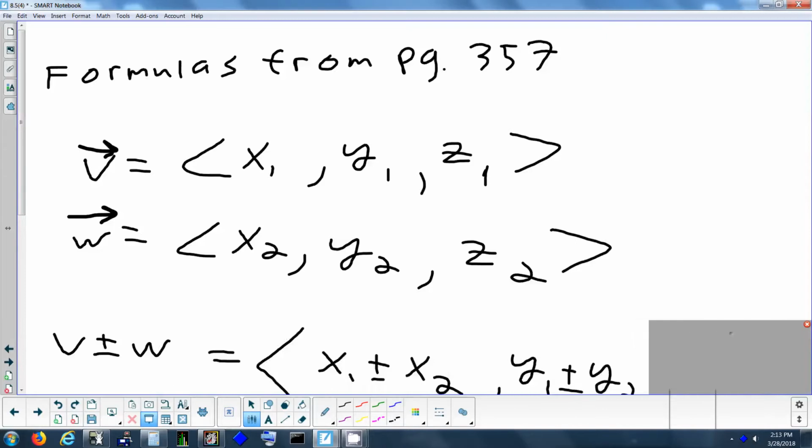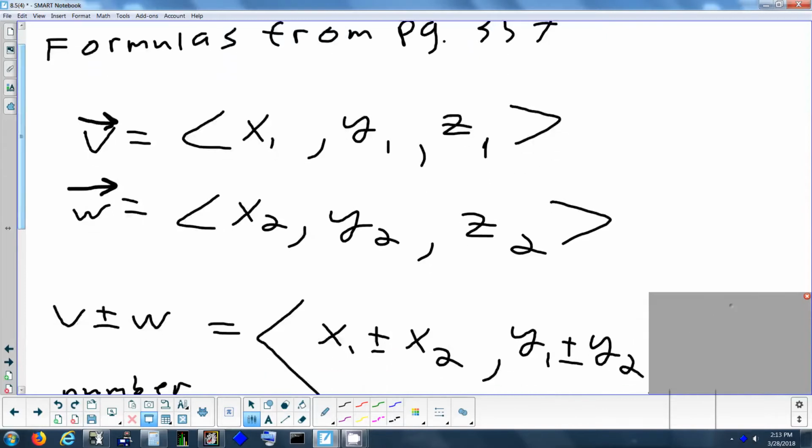If this was a 2D problem and we wanted to add these up, we'd add the x's, comma, add the y's, and you'd be done. Now in 3D, one extra step. Add the z's. Okay, and I kind of did addition and subtraction as the same formula. With subtraction, subtract the x's, subtract the y's, subtract the z's.